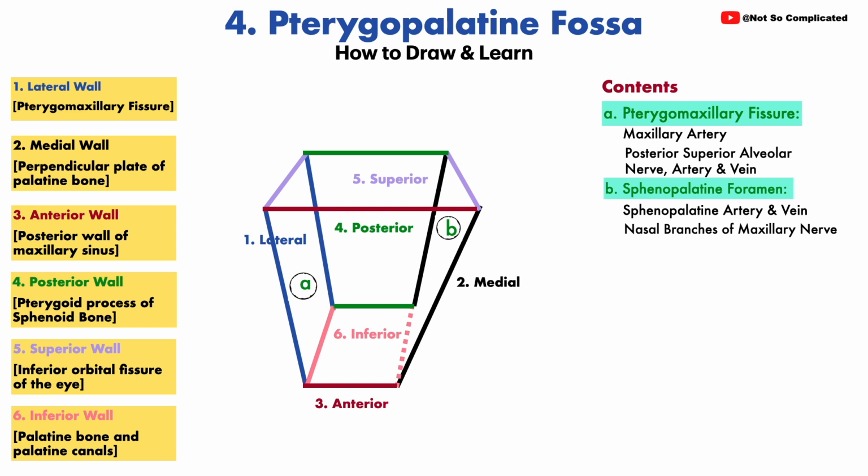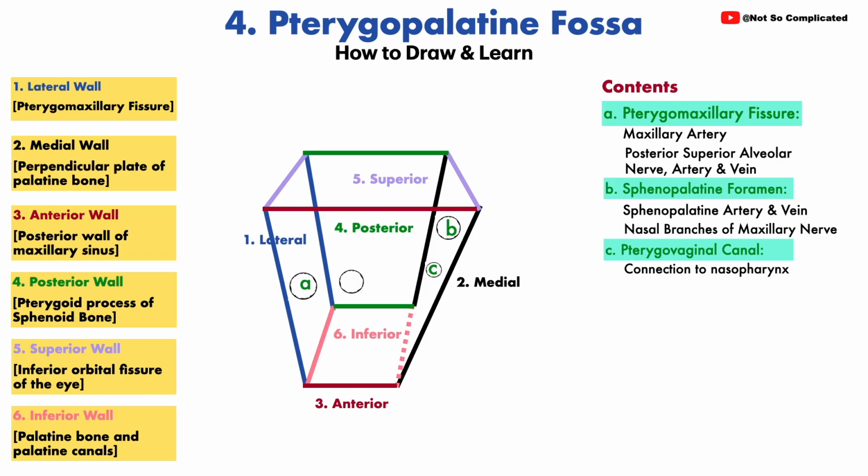Talking about the medial wall again, there will be another fissure right here. That fissure is the pterygovaginal canal, and in that canal there will be different structures passing again. The first one brings a connection to the nasopharynx. So that is the crucial point of this.